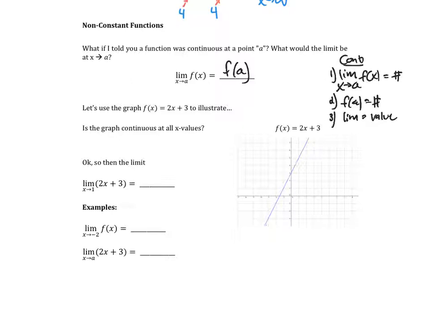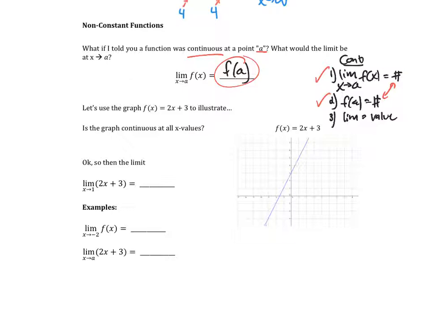If I know something is continuous at point A, I know the limit as we approach A must equal a number. I know that the value at A must also equal a number, and I know that these two numbers have to be equal. Thus, to find the limit, all I actually need to do is find the value, because it will be the same thing as the limit.